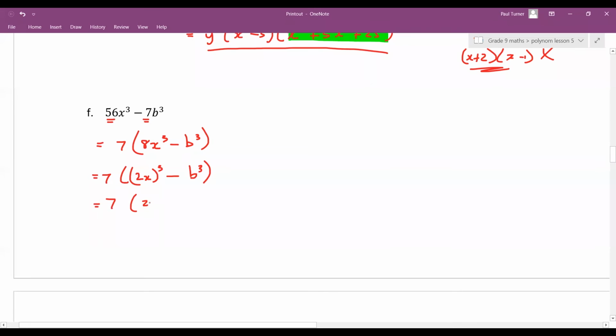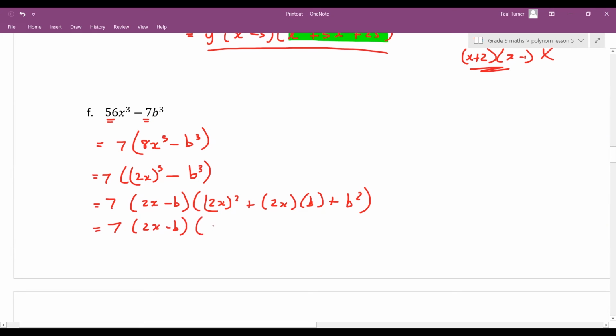So you'll have a minus b, a squared plus 2x times b plus b squared, like that. So same, opposite, and all positive. So 7, 2x minus b.